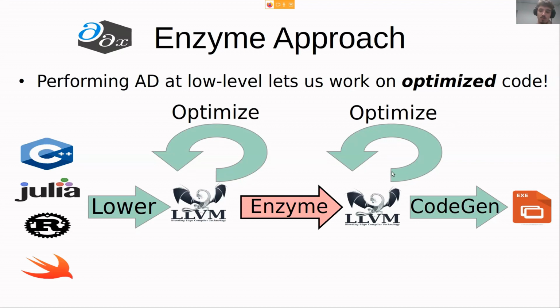And just to be sure that we're really going to get the best performance out of it, we optimize a second time. So that's slightly unlucky with respect to our compile times, but the performance is pretty nice, as you'll see on the next slides. And from there on, we can just leave the rest to LLVM. It's going to go through the same code generation as the normal compilation process of Rust.